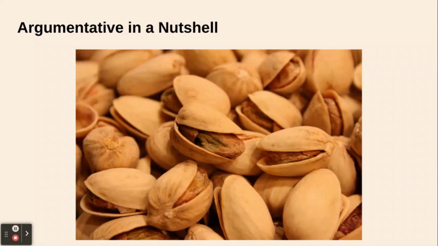But your job then is to either argue for that statement or against that statement. It's got to be well supported, but we're going to talk more about that when we look at the rubric on the next slide.